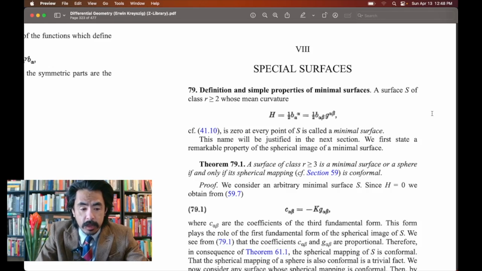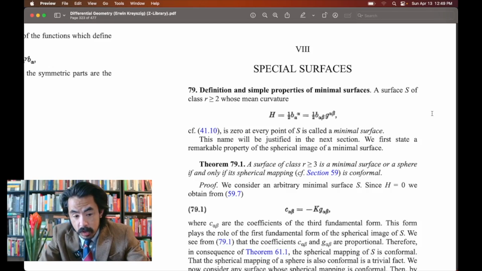A surface capital S of class R greater than or equal to 2, whose mean curvature, capital H, equal to 1/2 b sub alpha superscript alpha equals 1/2 b sub alpha beta times g superscript alpha beta, where, of course, b sub alpha beta is referring to a component of the second fundamental form, and g superscript alpha beta is referring to components of the contravariant first fundamental form, because usually we present it with covariant subscript indices, so it would have been g sub alpha beta, but then you could just do a transformation on that so that you have the contravariant indices of the first fundamental form, which is g, and the second fundamental form is b.